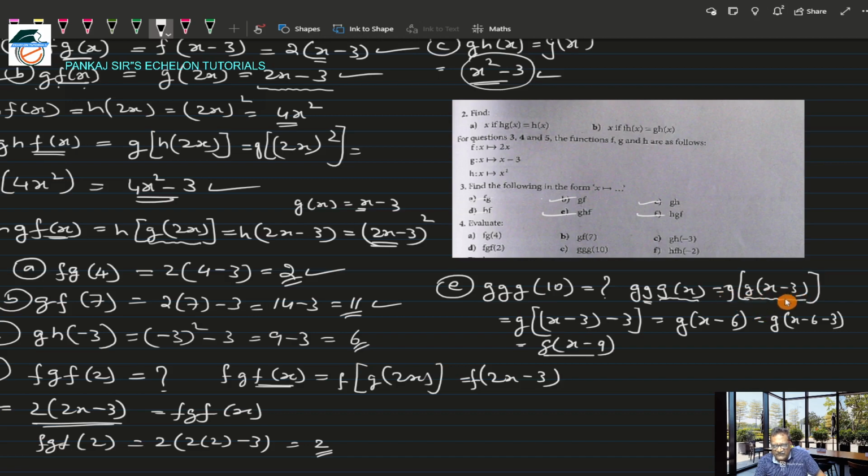Then this g of x minus 3 will be x minus 3 minus 3, and there's a g outside. So this is also correct. This happens to be x minus 6, and this is also perfect. And the last: in place of g of x minus 6 you want to find out, so we'll have to put x minus 6 here. You will not have this g.